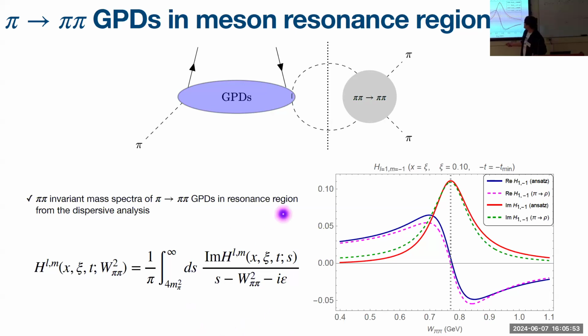That imaginary part is given by the discontinuity along the cut, and it is obtained from the GPD itself in convolution with the pi pi scattering amplitude, by Watson's final state interaction theorem. And this imaginary part provides the distribution in the invariant mass of the pi pi system.